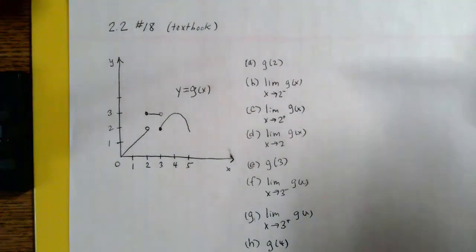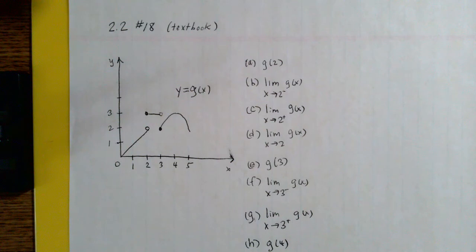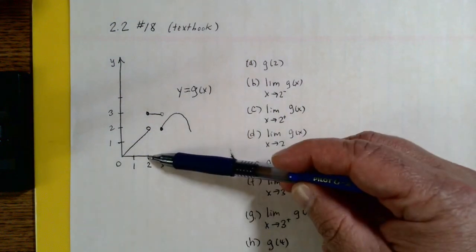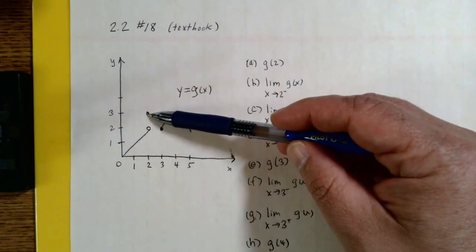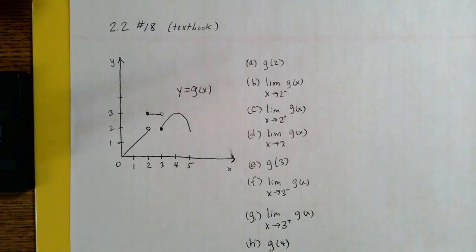So for part A, this is asking for g of 2. The thing to remember is that this is just looking for the value of the function g when x is equal to 2. Now if we look at the graph here, when x is 2, we see this filled in circle up here at a height of 3.